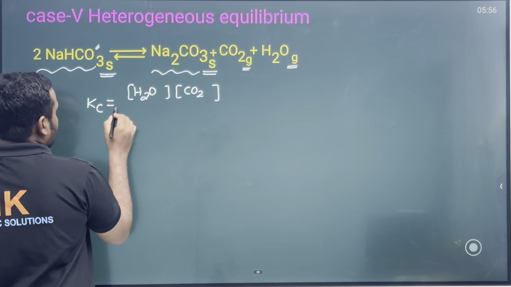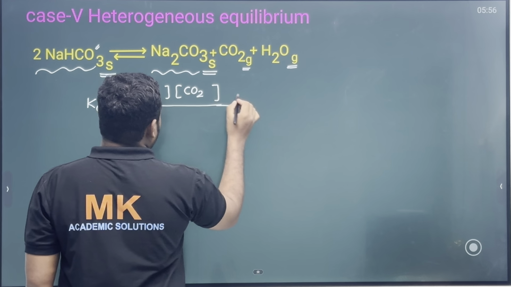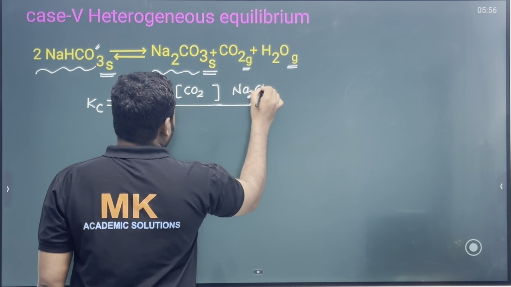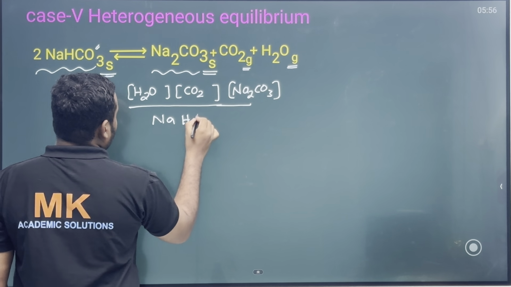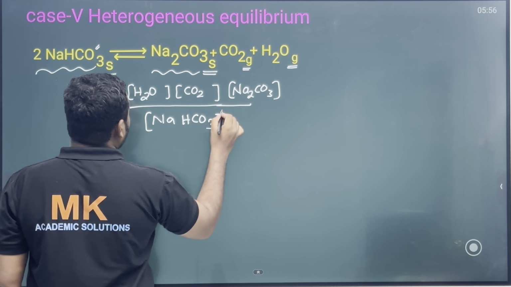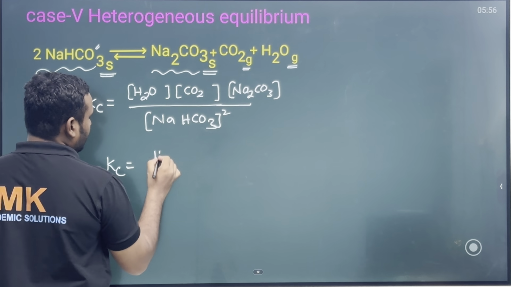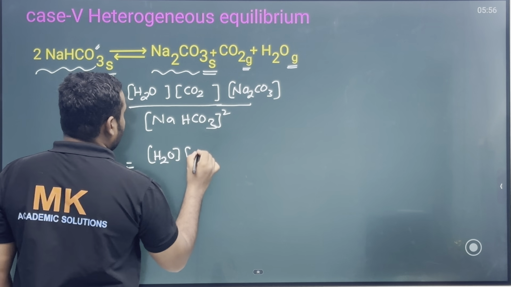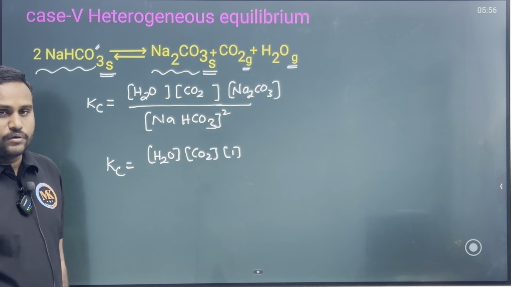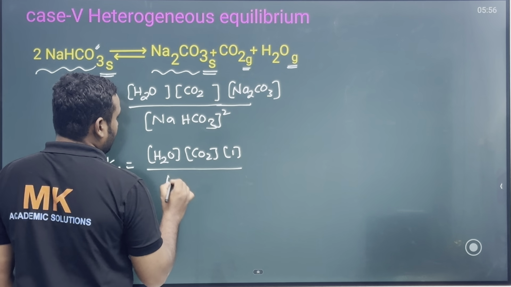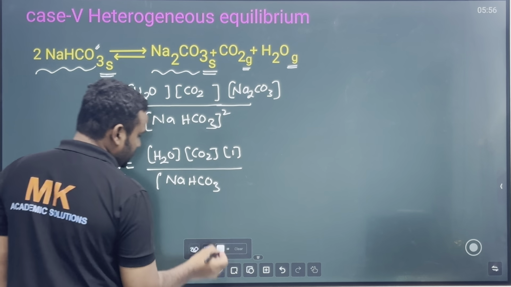Now these are the units of Kc. Even if you write Na2CO3 by NaHCO3 square, as they are solids, their concentrations will become unity, so we take the Na2CO3 concentration as 1, and the NaHCO3 concentration also as 1.